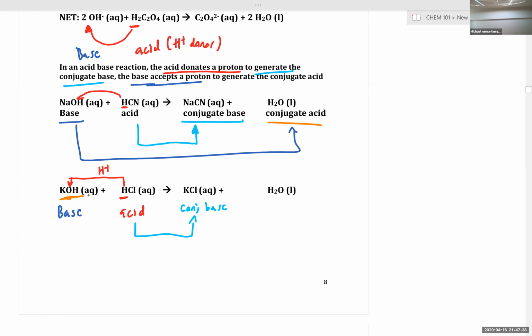What is potassium hydroxide with one additional proton? Water, exactly right. Wonderful, perfect. So we're comfortable labeling chemical reactions, identifying the acid, base, conjugate base, and conjugate acid.